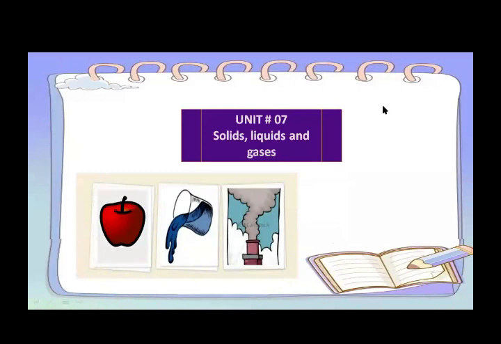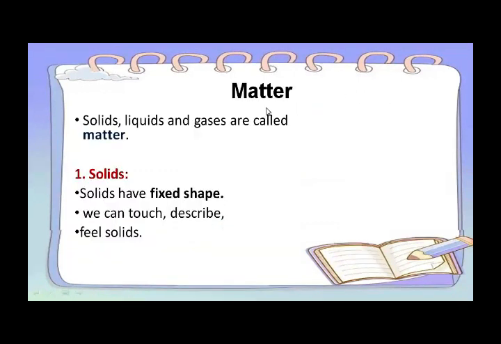So matter. Okay beta, what is matter? Solids, liquid and gases are called matter. In short, everything that is around us is called matter, and everything is made up of solids, liquids and gases.